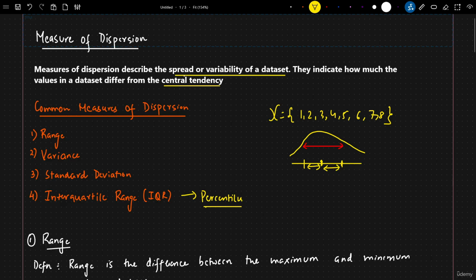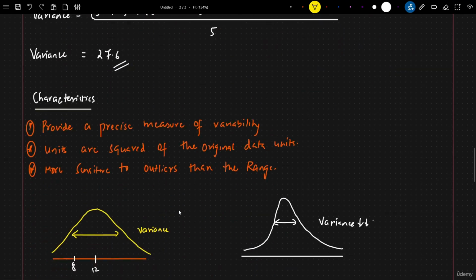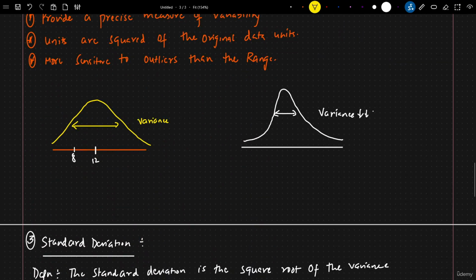And again, guys, understand one thing: don't get confused between standard deviation and variance. In variance we are squaring it up, and in standard deviation we find the square root. This was all about this topic, and I hope you are able to understand it.